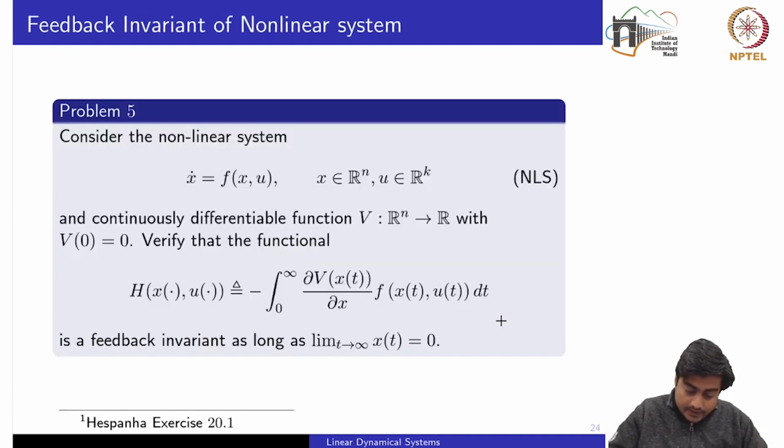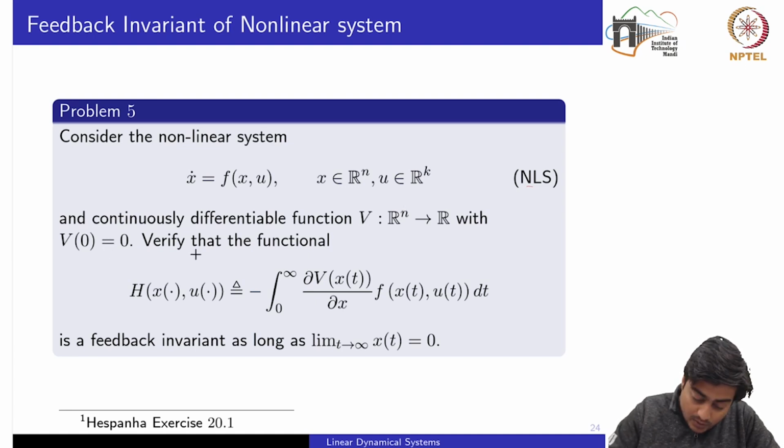So in this problem 5, we want to compute the feedback invariant. Here we have considered a nonlinear system, whose generic representation is given by x dot equal to f(x, u), and there is some function V which we introduce, a continuously differentiable function V with V(0) equal to 0.